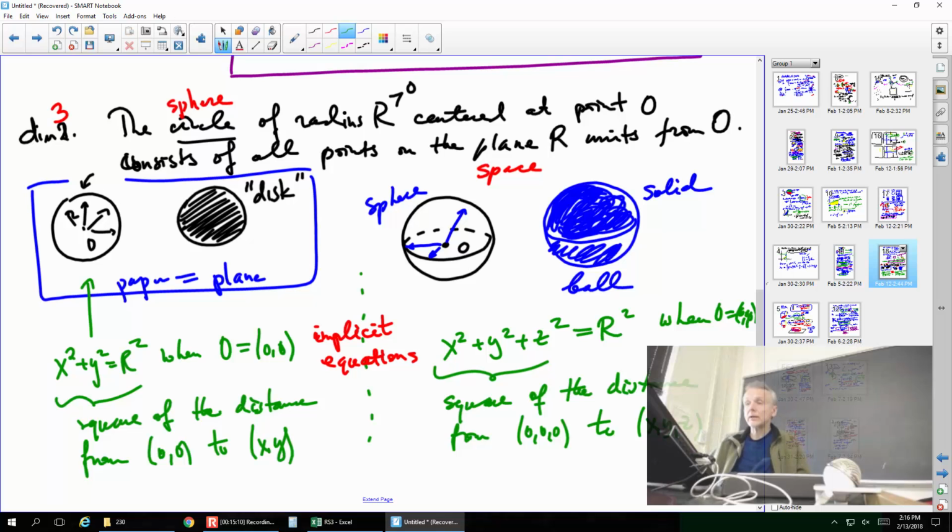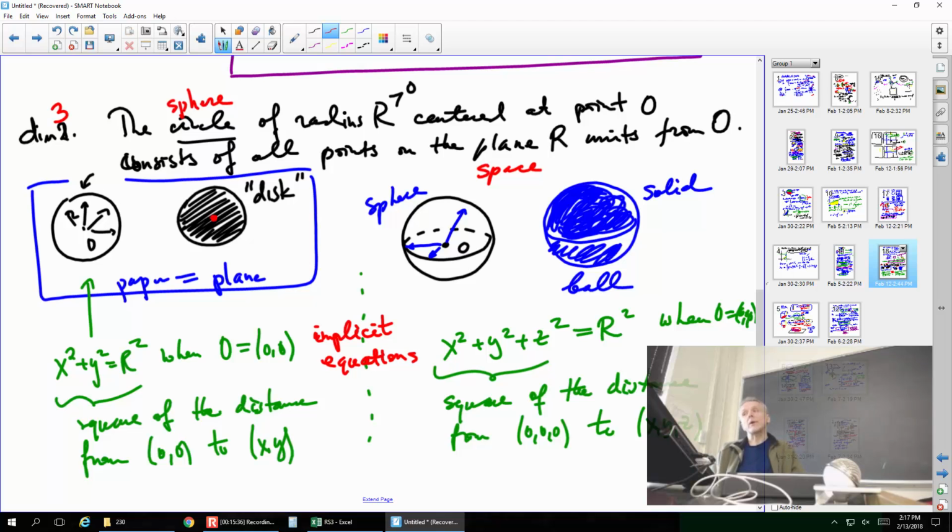Okay. Incidentally, what is the representation of the disk and of the solid ball? So if the circle is given by that equation, what's the representation of the disk? Well, how would you describe the disk? So look at the circle.